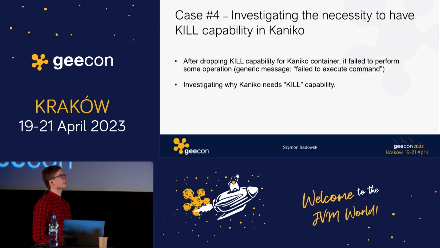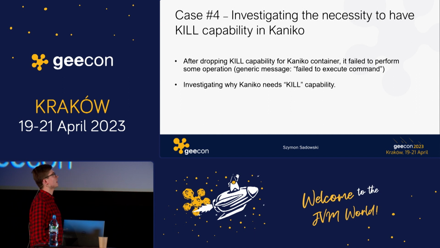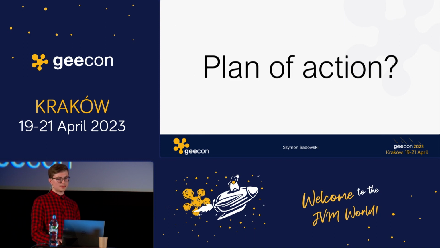And it was really interesting why Kaniko needed to do such a thing. So it turned out that after adding this drop kill capability, Kaniko resulted in an error. So in this case, the plan of action would be a little bit different.